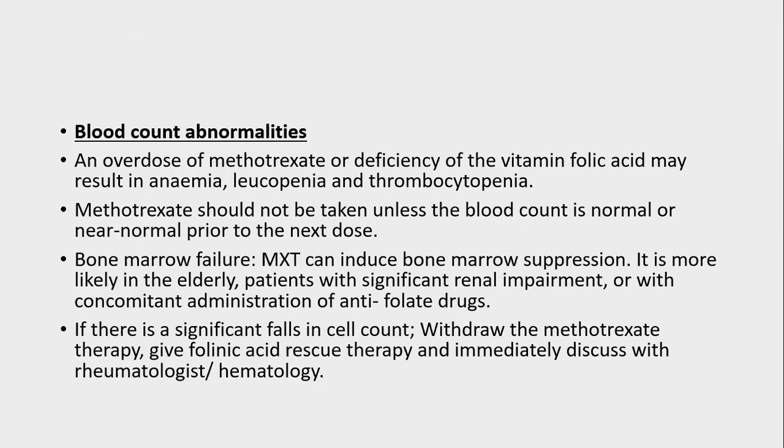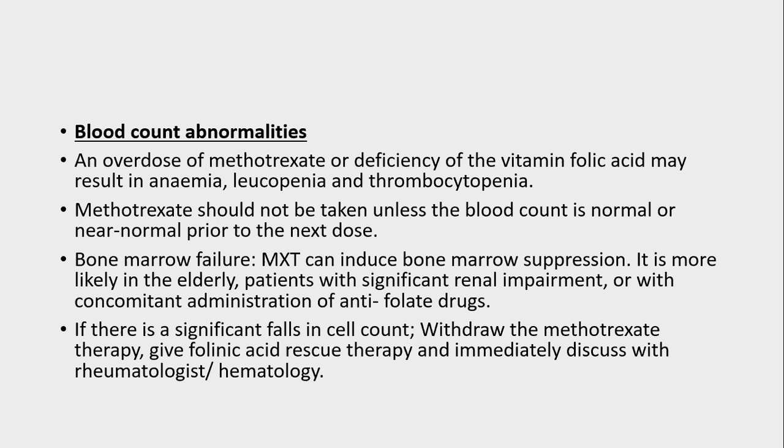Blood count abnormality. This is also very uncommon if methotrexate is given in dermatological doses with folic acid combination, but an overdose of methotrexate or deficiency in vitamin folic acid may result in anemia, leukopenia, and thrombocytopenia. Methotrexate should not be taken unless the blood count is normal or near normal prior to the next dose.